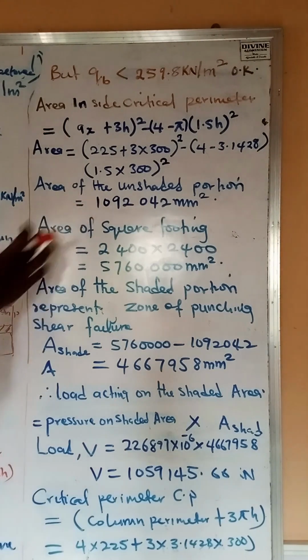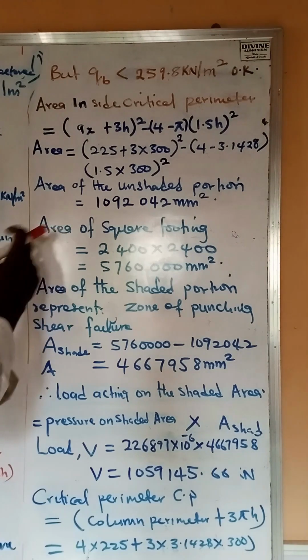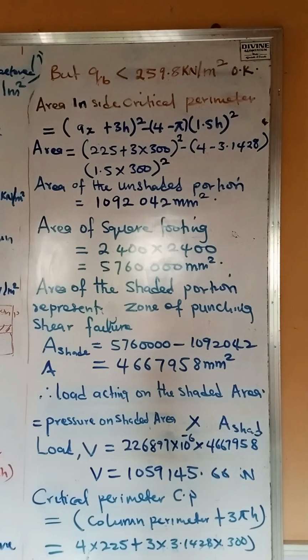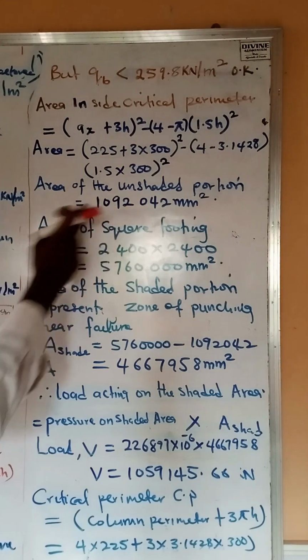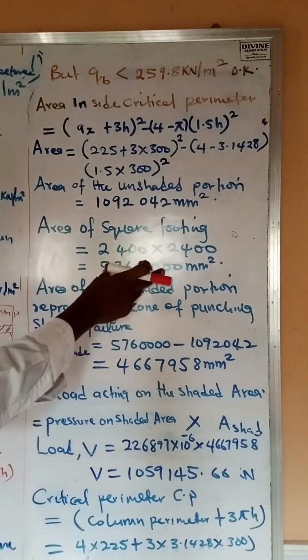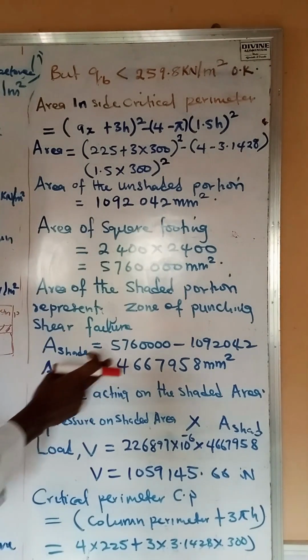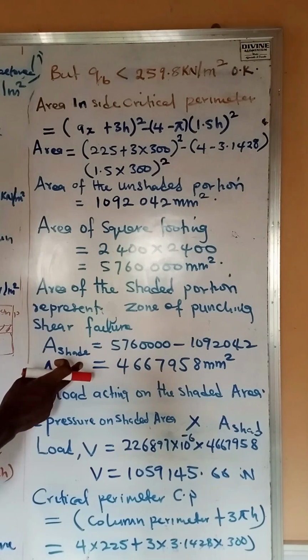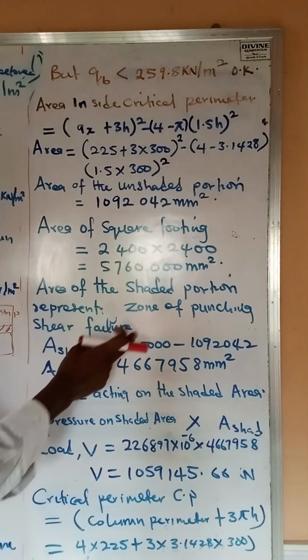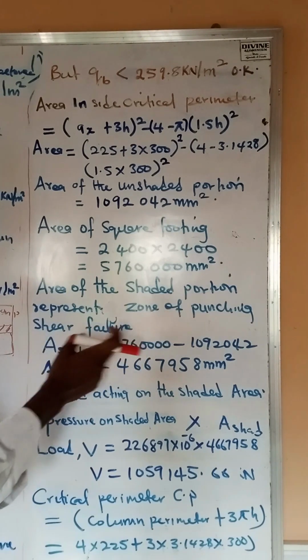Now, the area of the shaded portion will be the area of the total square footing minus the area of the unshaded portion, and the area of the total square footing is this. So all we need to do is to remove this from this, and if we do that, we are going to have the area of the shaded portion, which represents the failure zone of punching.